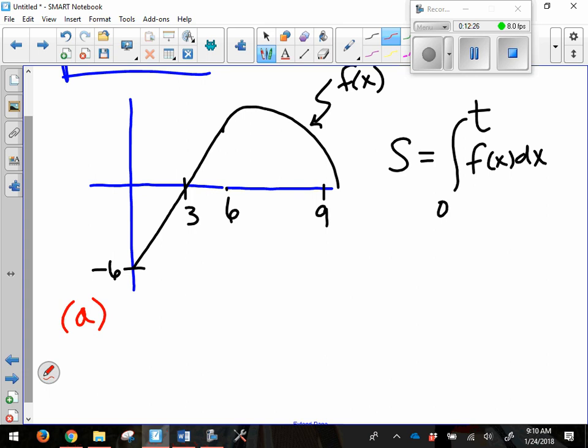Okay, so how do we find velocity? Well, hang on. No. ds dt, right?